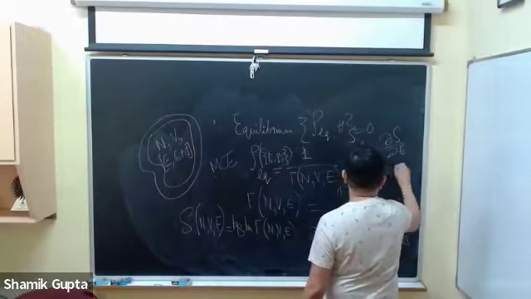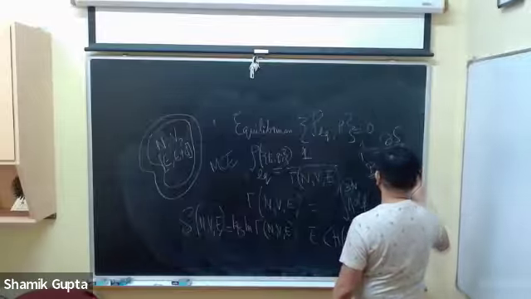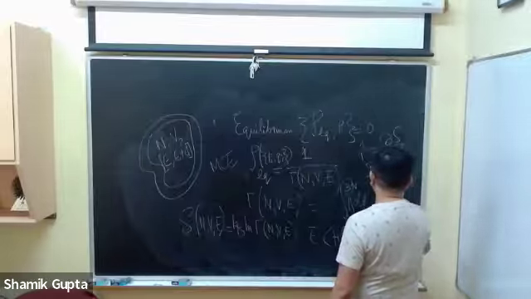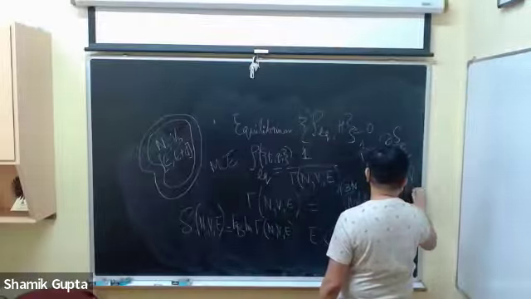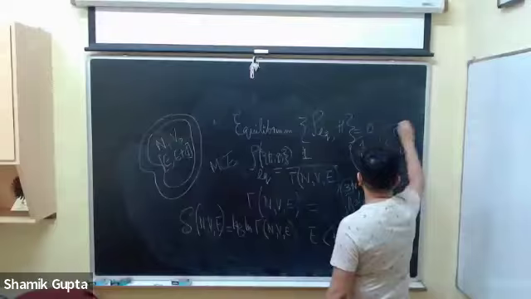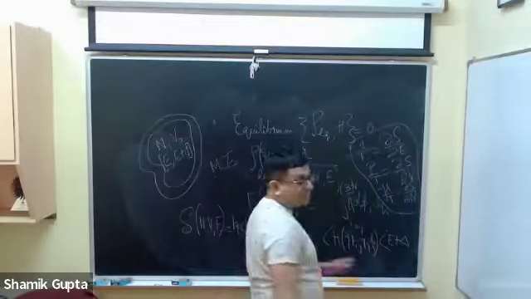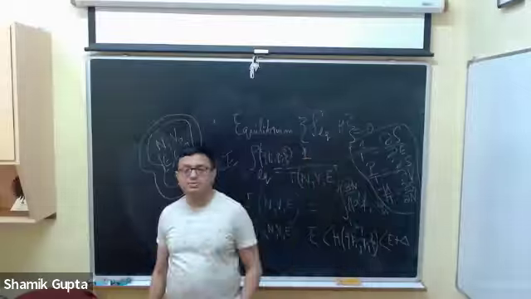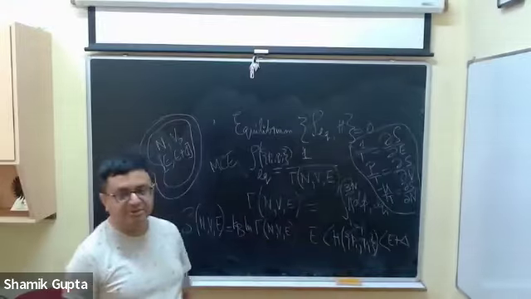Pressure is defined to be the derivative of entropy with respect to volume, and chemical potential is defined to be the derivative of entropy with respect to number of particles. So within the microcanonical ensemble, the thermodynamics is very well established by following this procedure.